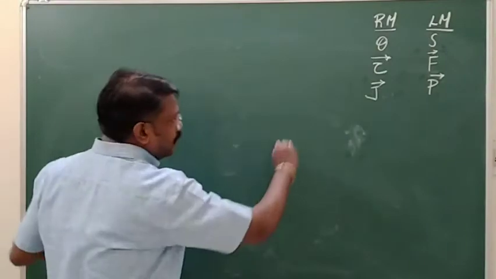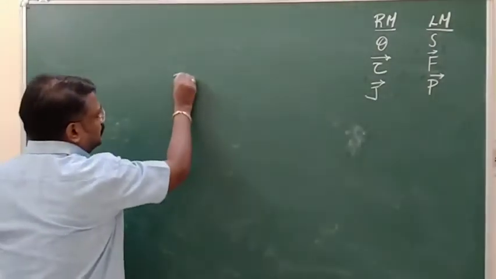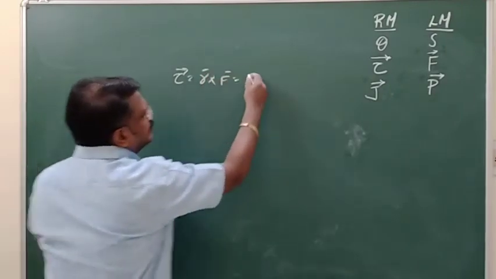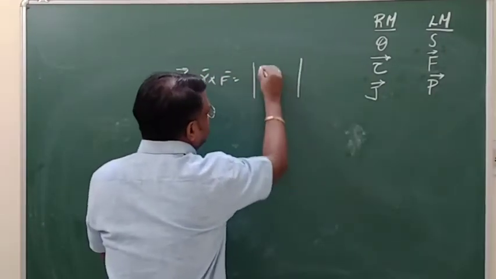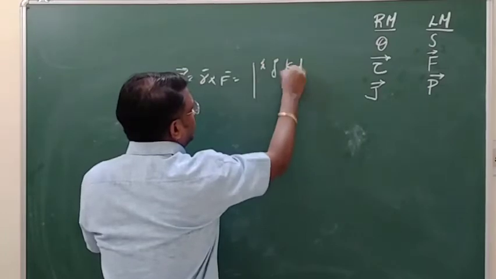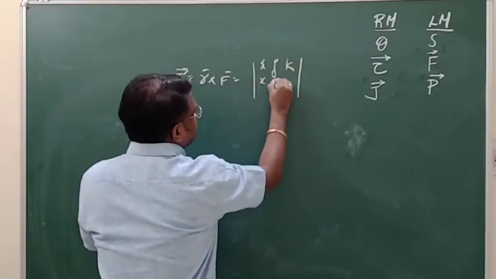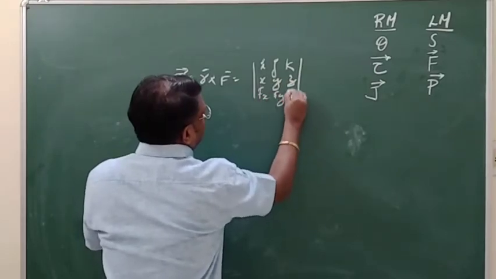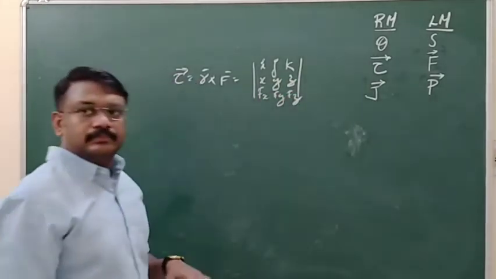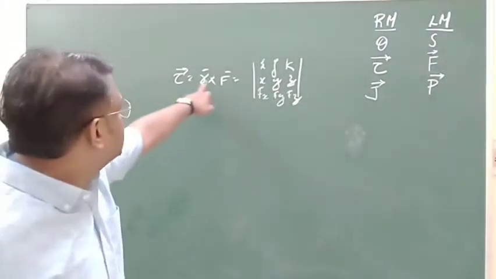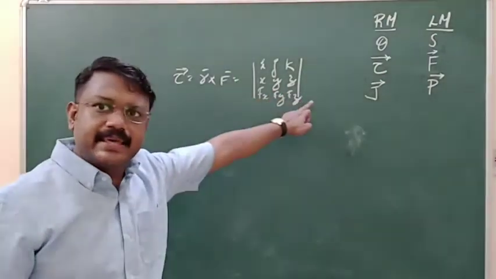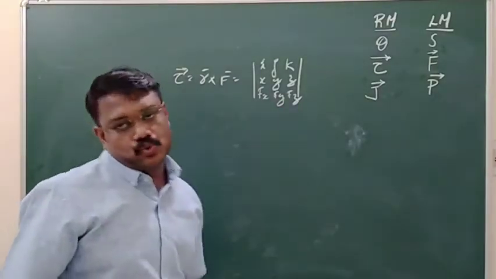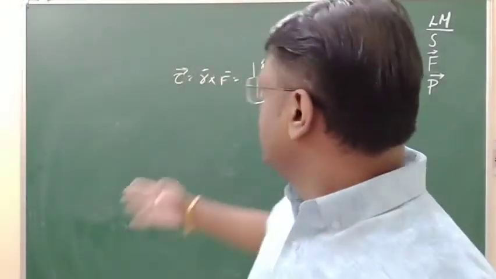See, torque is r cross F. How can you evaluate that? You can make use of the determinant with I, J, K; r is x, y, z, and F is Fx, Fy, Fz. Is there any doubt? Because r is equal to xi plus yj plus zk, and F has its components Fx i plus Fy j plus Fz k. So you can easily find r cross F in terms of the components.